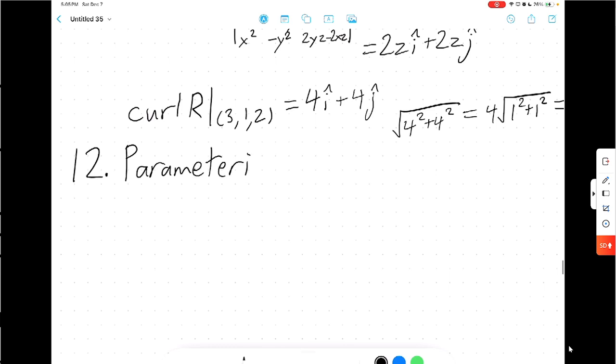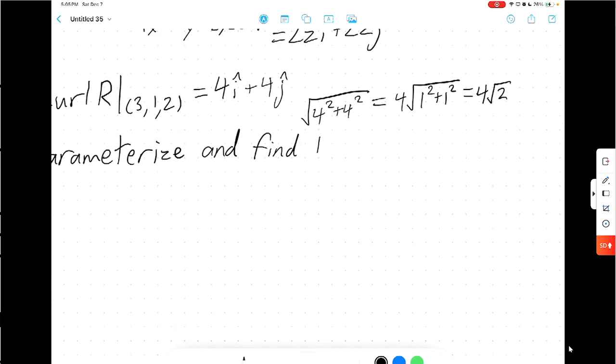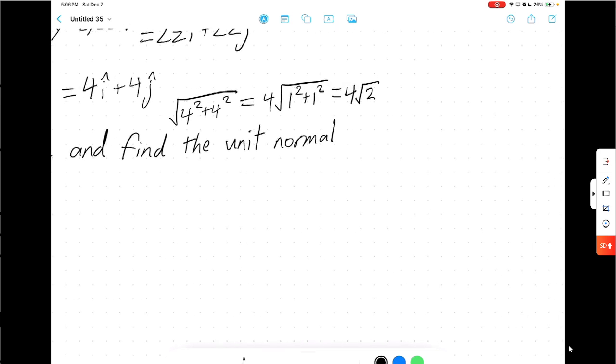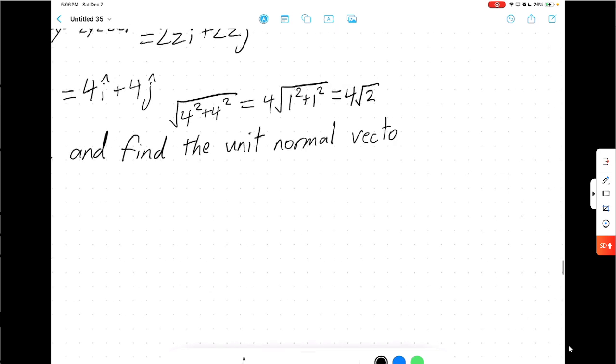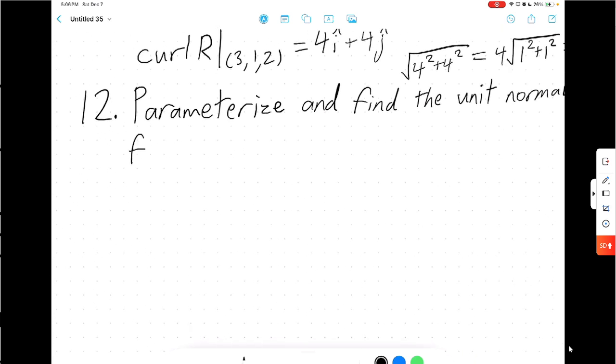12. Parameterize and find the unit normal vector to the following surfaces.